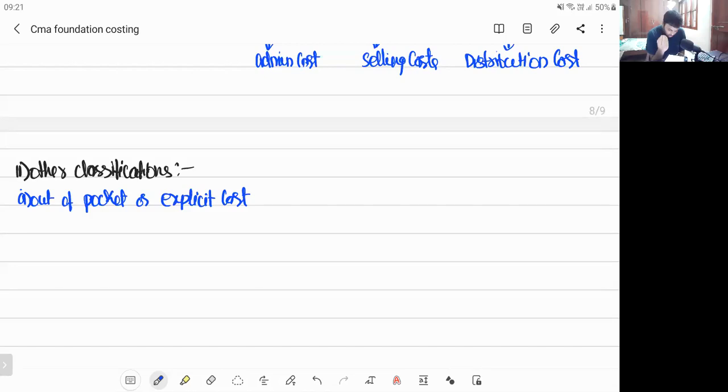What do you mean by this cost? Simple, my dear friends. Any cost which involves a cash outflow, any cost which involves a cash expenditure, is called out of pocket cost. Can I say depreciation is an out of pocket cost? No, depreciation is not an out of pocket cost, because does it involve any cash expenditure? No, it does not, so it is not an out of pocket cost. If it involves a cash expenditure, it is called out of pocket cost.